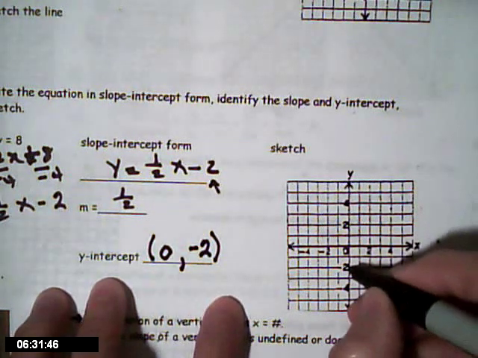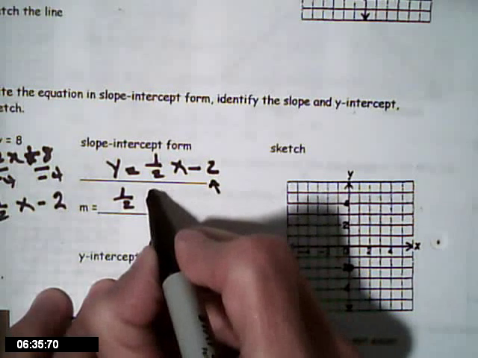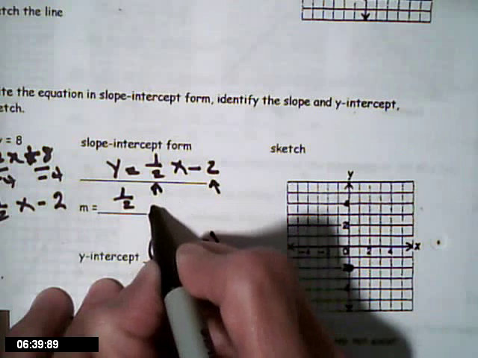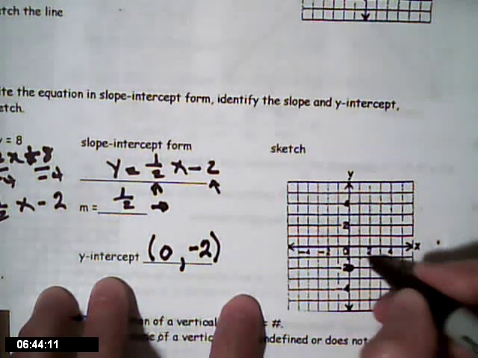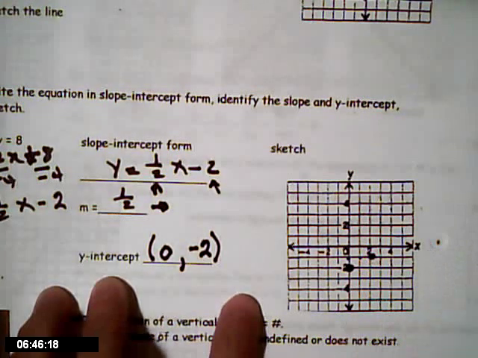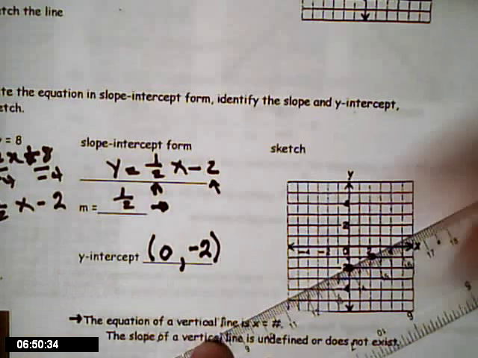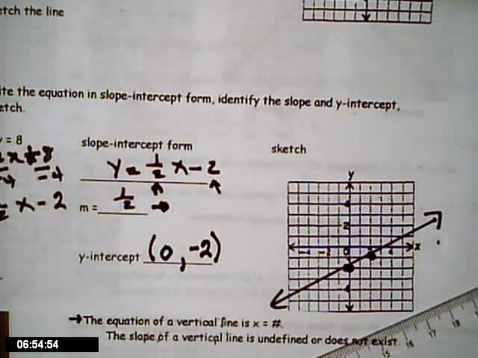We're going to go to the y-intercept, plot that, and then remember this is change in y over change in x. So I'm going to go up 1 and over 2. You may have learned rise over run, and that will be fine to use. And there would be my line.